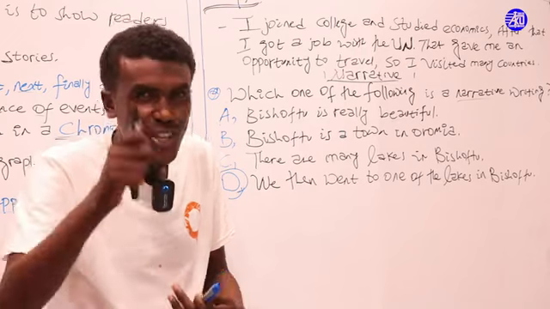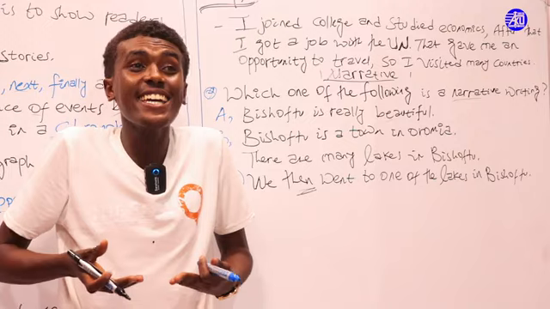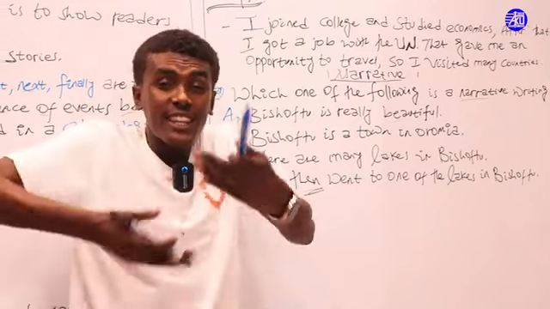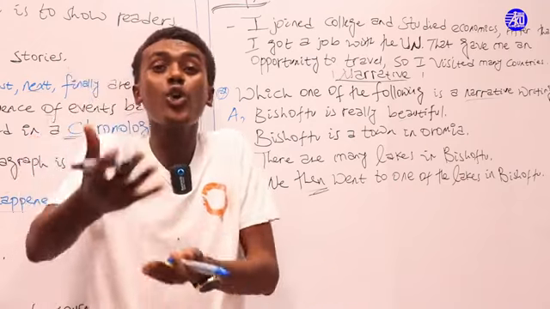You see? Transitional word. We use first of all a transitional word because this thing is not... there is something that happened before. You see, we said a narrative paragraph is in chronological order.